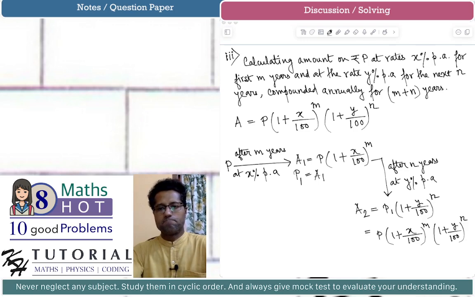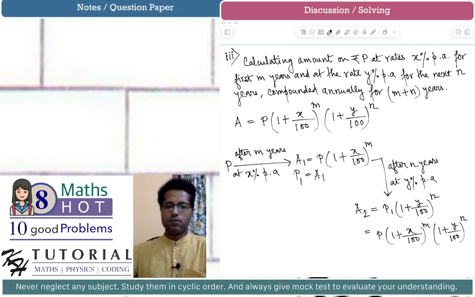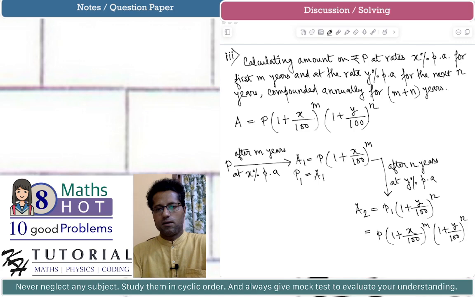So these are basically the general formulas for calculating the compound interest when the interest is being compounded annually and the rates are different for every year. For each year the rate is different.